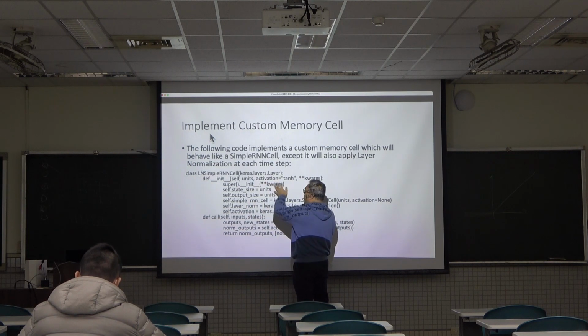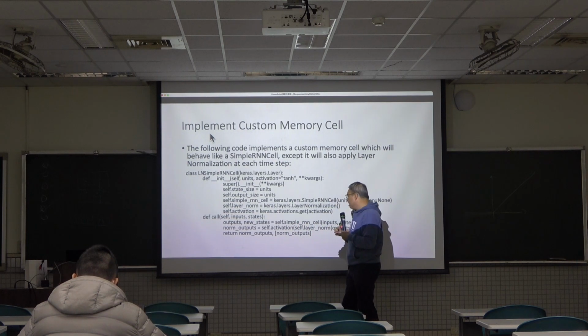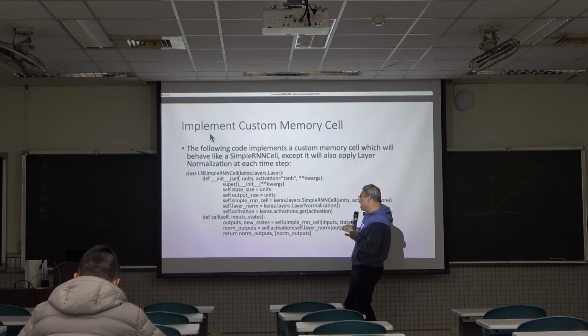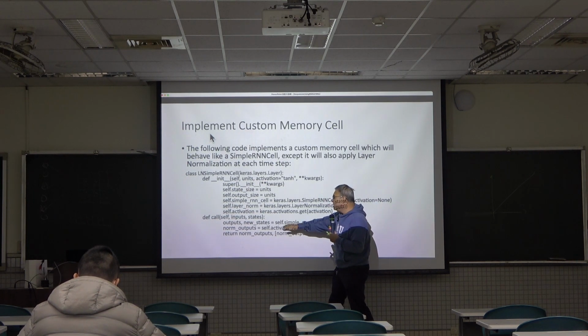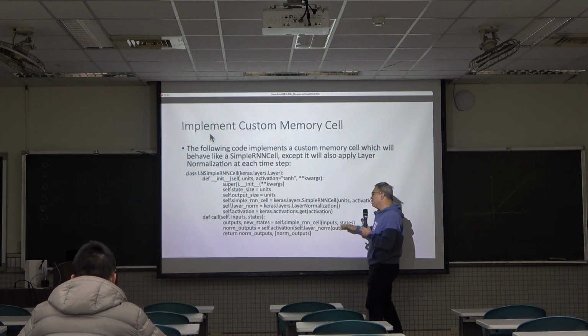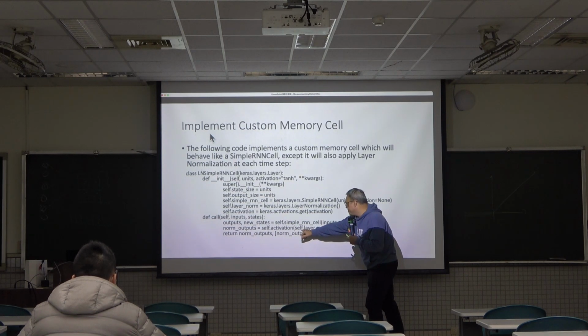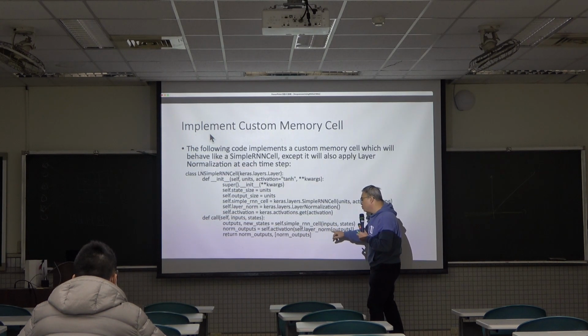Remember, we don't specify their relationship here; we specify it in the call method. There we first compute the output, and then apply the layer normalization to this output.